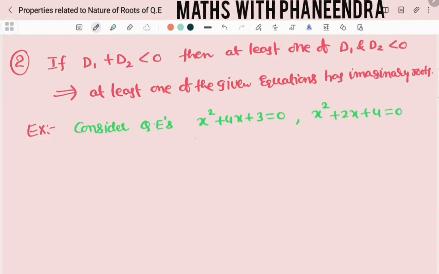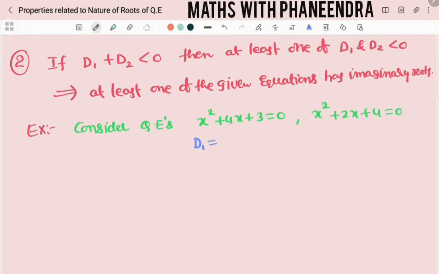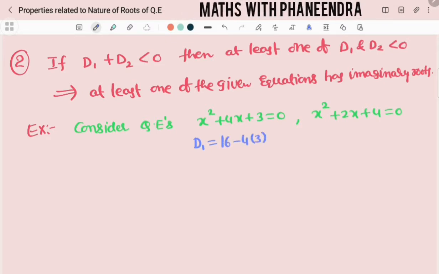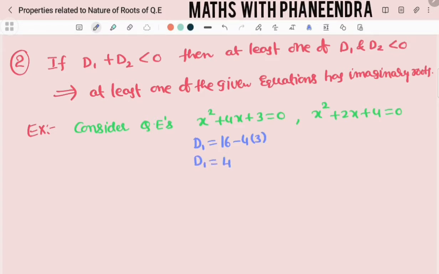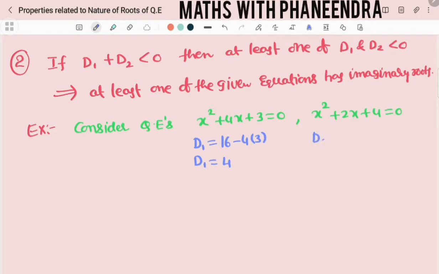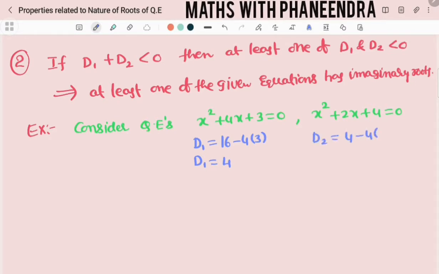For the first quadratic equation, discriminant d1 is equal to b square minus 4ac. b is equal to 4, so 16 minus 4 into 1 into 3. So d1 is equal to 16 minus 12, which is 4. And d2 is equal to b square, 2 square means 4, minus 4 into 1 into 4.